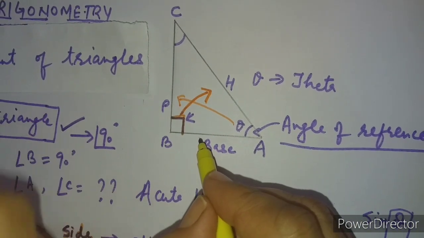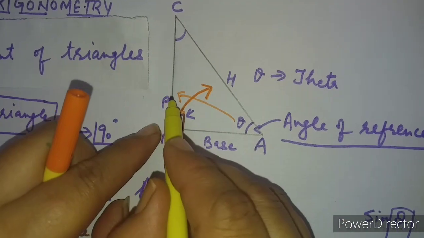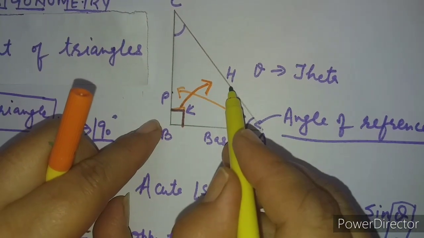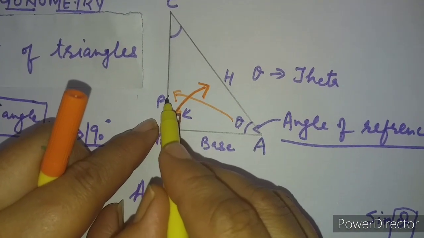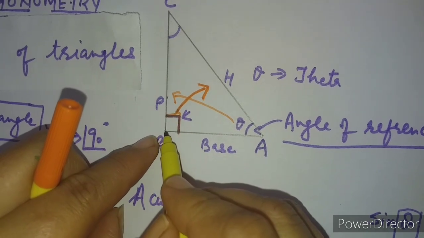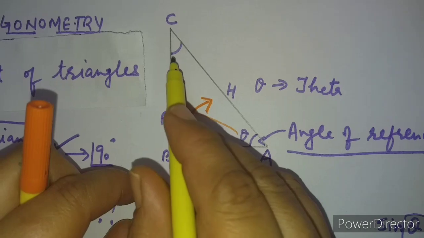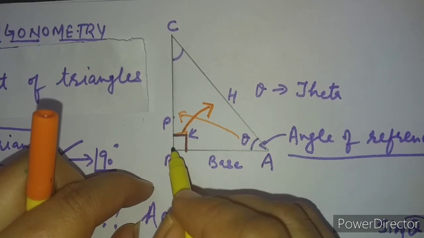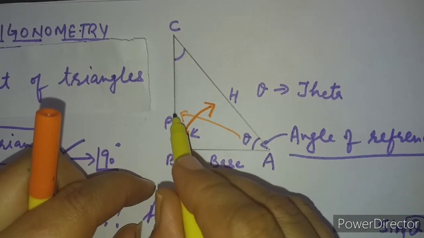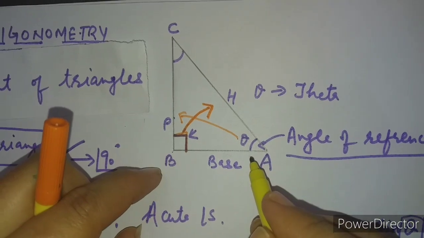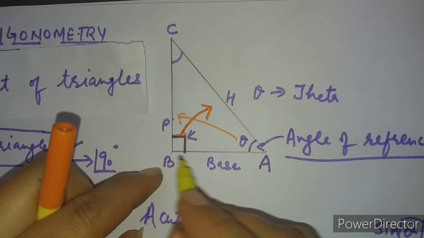Adjacent always means neighboring, which is not opposite. Opposite to this side is this. And what is the side neighboring? Neighboring means something common. We have BC as the perpendicular. The neighboring side to this BC is our BA, right? BA is the base.